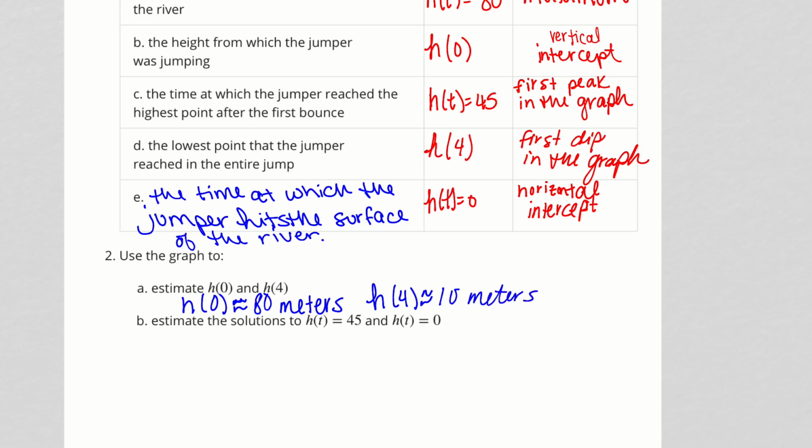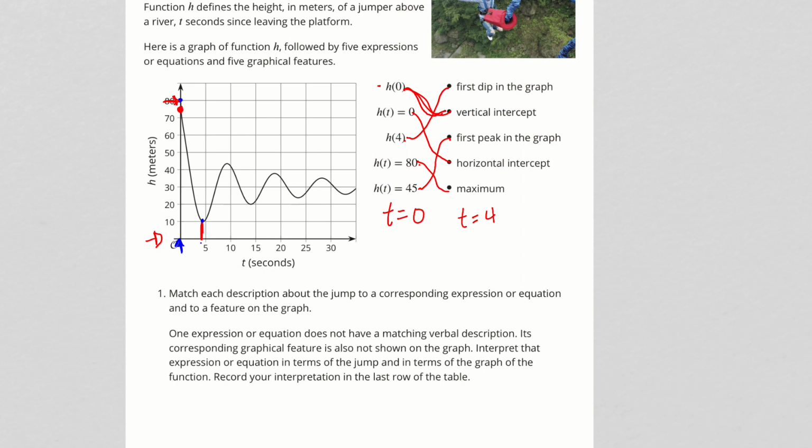Okay, now we are going to estimate the solutions to h of t, so the height as a function of time, equals 45. So about what time is our height 40, oops, that's 40. I need to go up to 45.